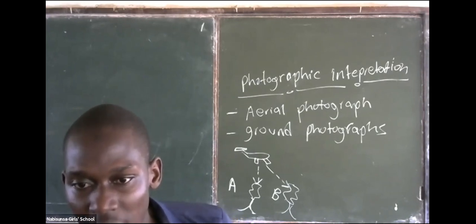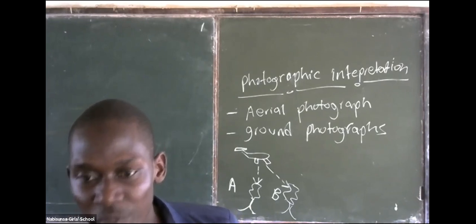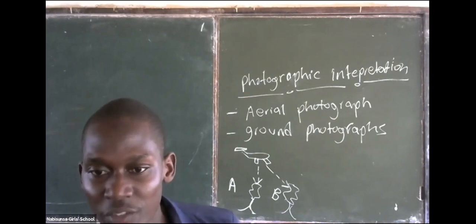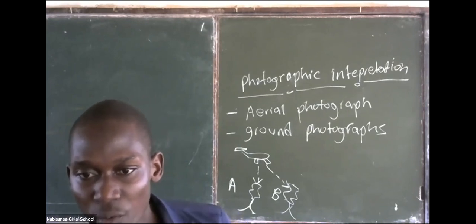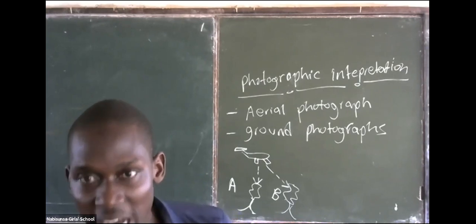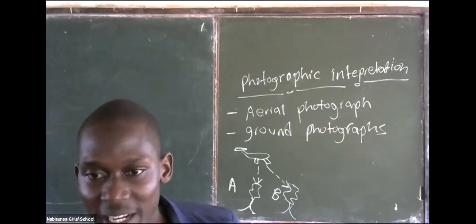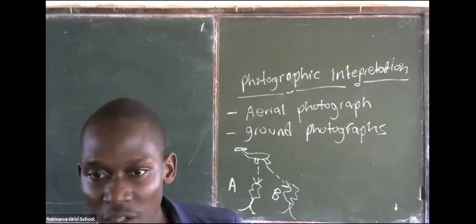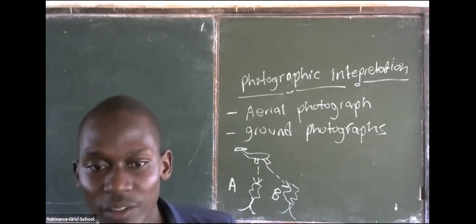Then we have Melissa on ground photographs, which you didn't complete. Aircraft here, taken in the aircraft. Then we are seeing aerial photographs are photos taken from the air. I think now, people, we are understanding the thing very well, not so? Aerial photographs are taken when the person is above.